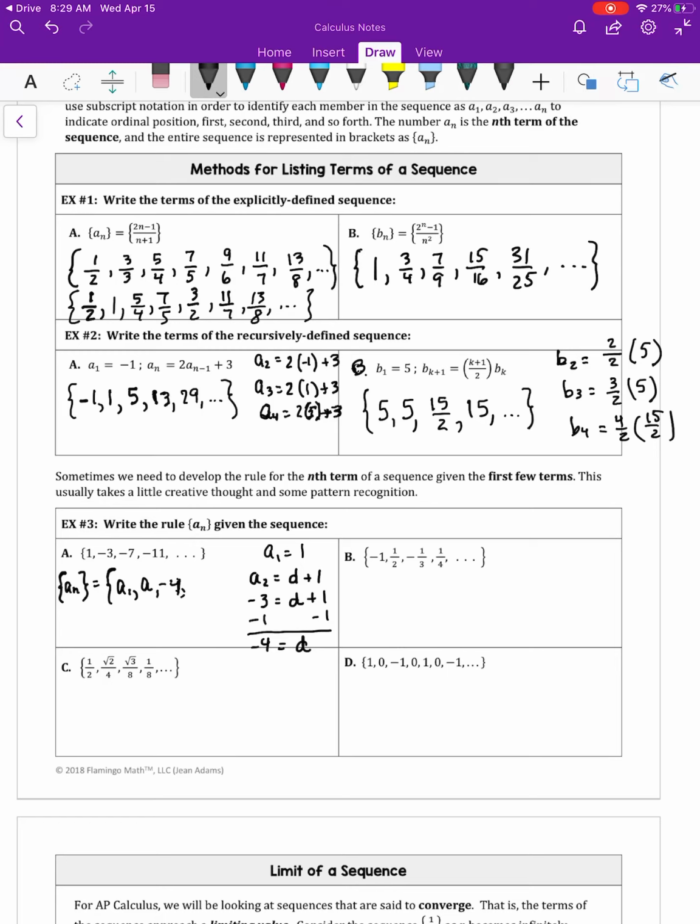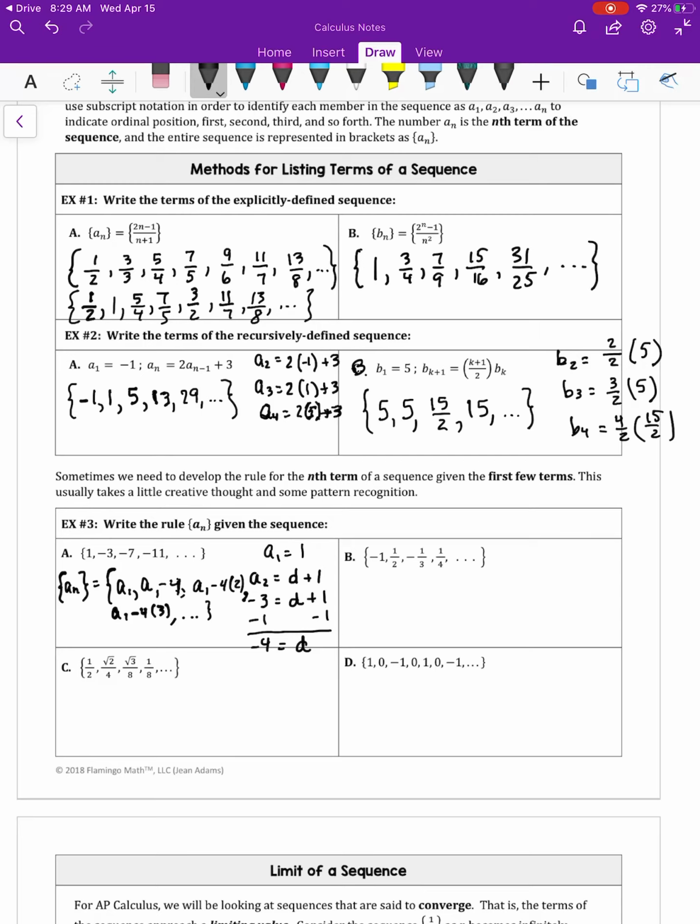Okay. And then instead of making it like a sub 2 minus 4, a sub 3 minus 4, what if we thought about it as being a sub 1 minus 4 times 2, right? Because you're really just subtracting 4, and then a sub 1 minus 4 times 3, comma, okay?